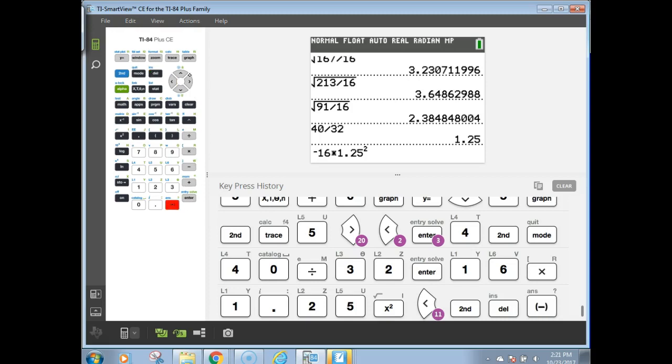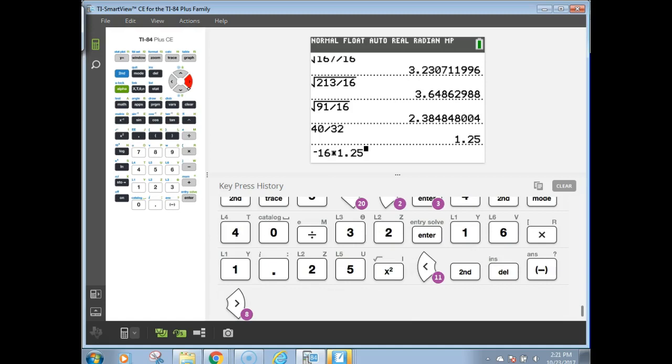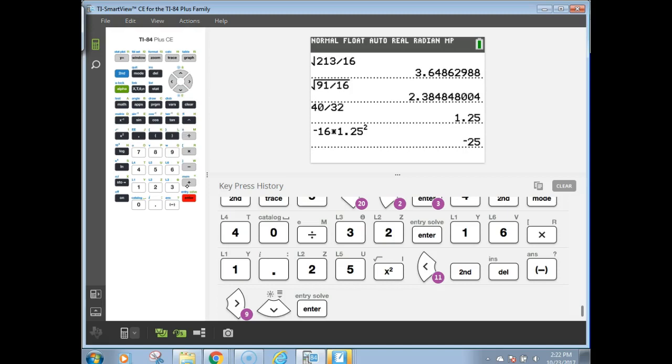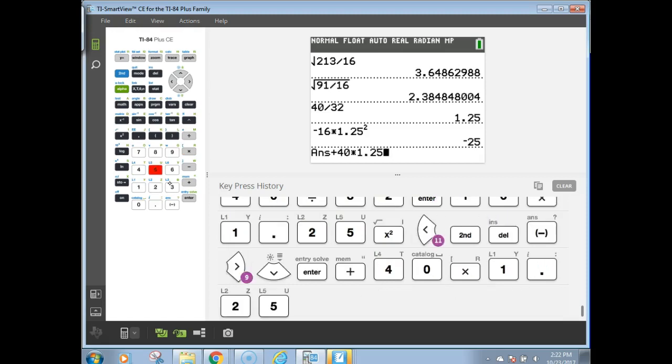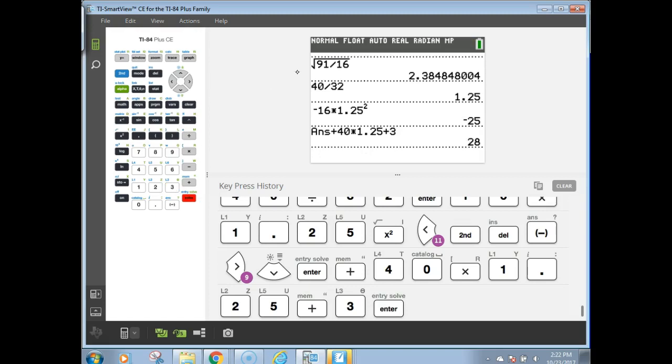Then I've got to add on, what was it, 40 times 1.25, and then plus 3. 28 feet.